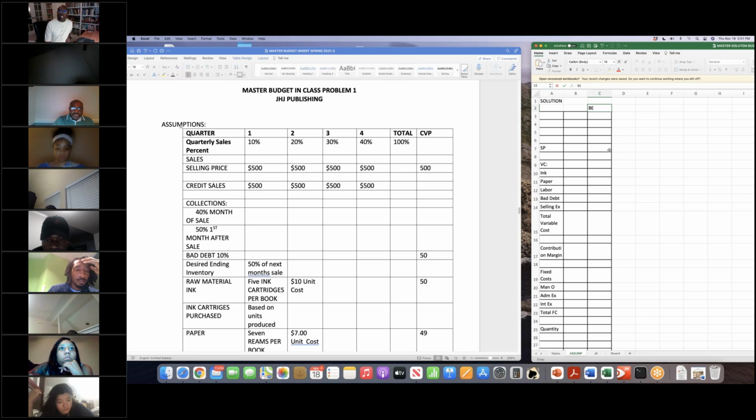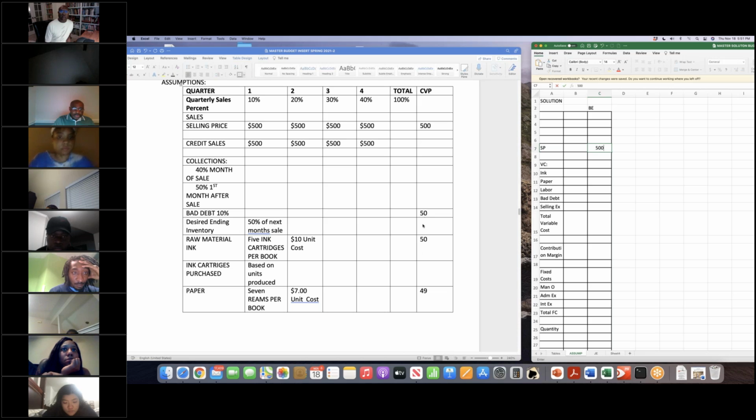Okay, so if we're doing break even, what's the first thing in the break even calculation? The fixed costs divided by the contribution. No, that's not the top. Got it already here for you. The selling price is $500. Then I get to my variable costs and I pull them out, correct?